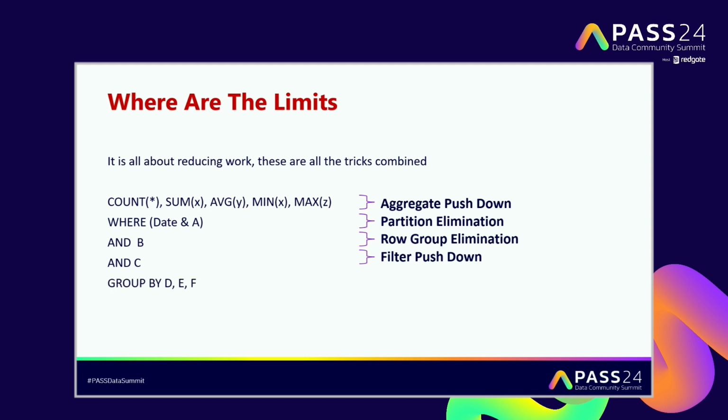And then we group by D, E, and F, which again is part of the aggregate push down that was in the first row. And all that runs in batch mode. And then instead of waiting 2 or 3 days for a report to come out, it's about 10 minutes.